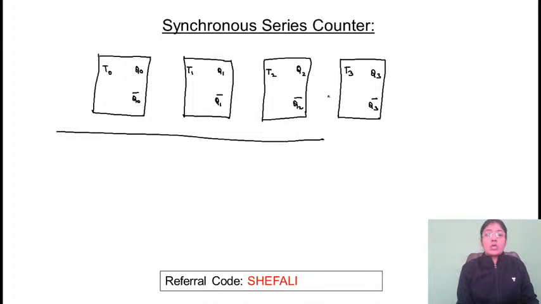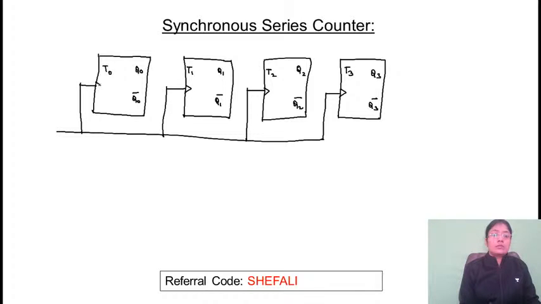Since this is a synchronous counter, clock. Now the input for the first one is 1, and here we are having the AND gate, and this is 1.